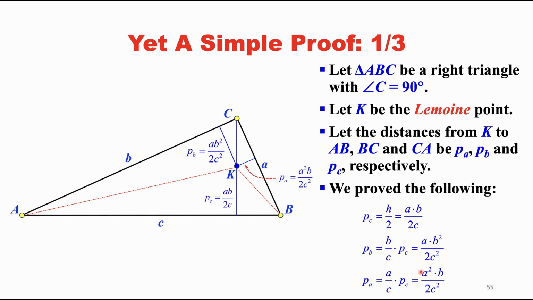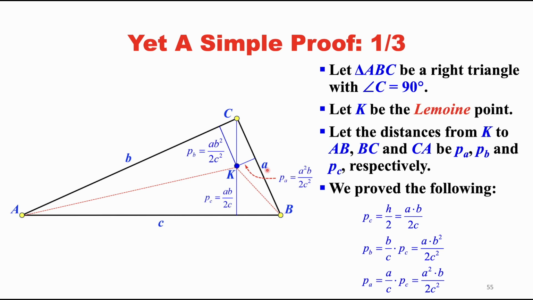Now, there is an even simpler one if we do not follow our method. Remember, this is a right triangle. This is the altitude on the hypotenuse, and this is the Lemoine point, which is the midpoint of the altitude. So we have calculated PA, PB, and PC.